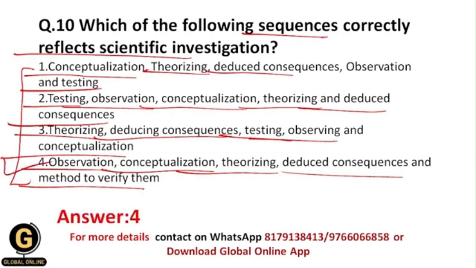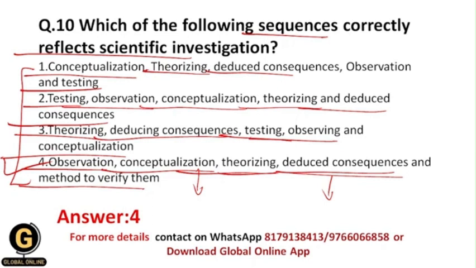And after that you do the conceptualization. It means that based upon the observation you collect the data, and based upon that data you try to make the concepts behind it, and after that you develop a theory. Then deduced consequences means whenever you develop a theory, after that you make up a hypothesis, then you test the hypothesis, and finally you get the results.